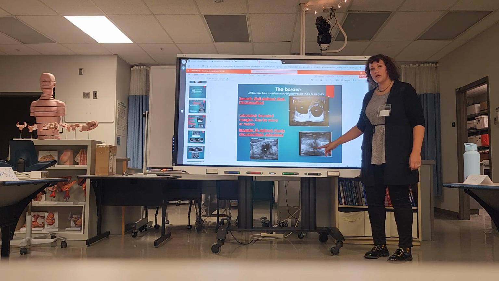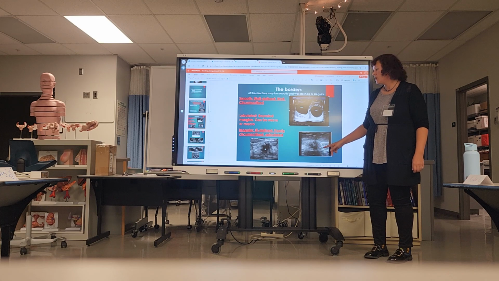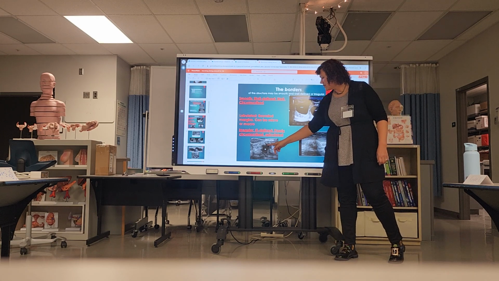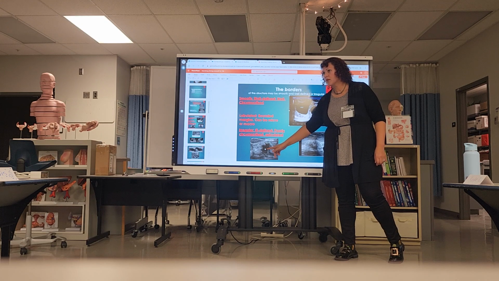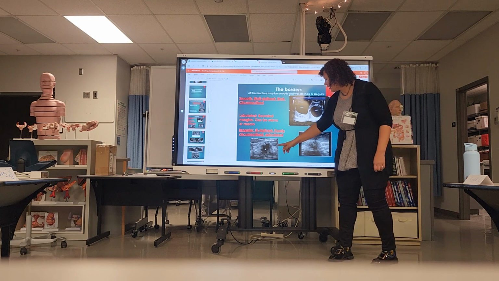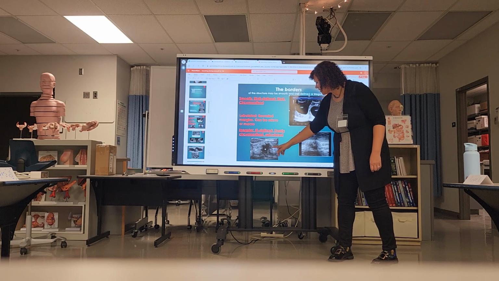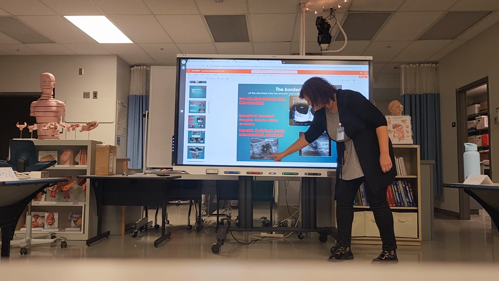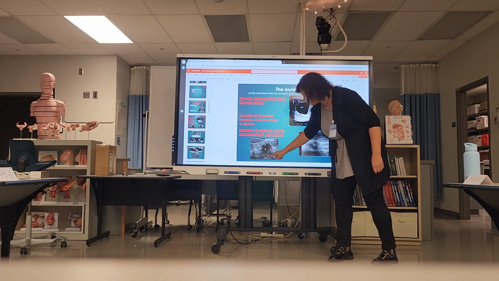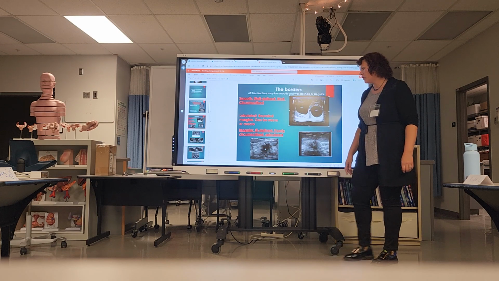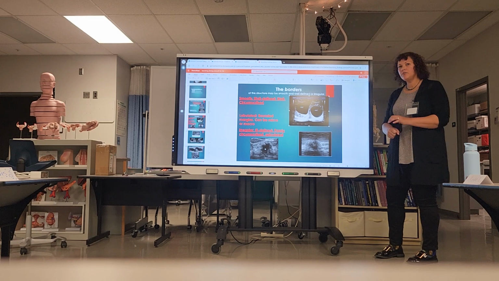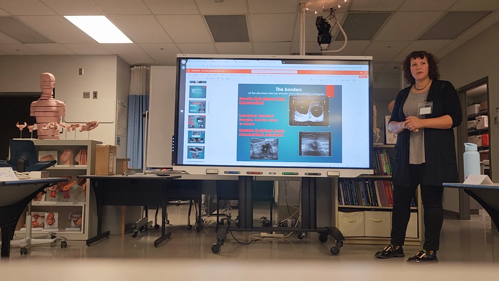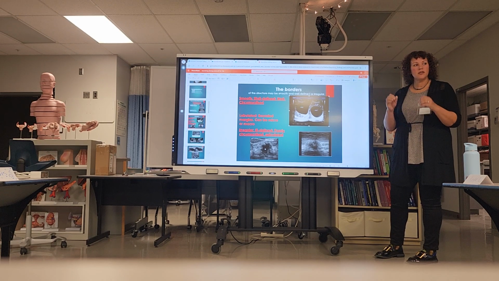These are solid masses. You could describe this as heterogeneous if you're taking into account all of it, or you could describe it as hypoechoic. But a solid mass, you would never describe as anechoic. Anechoic is strictly for a fluid-filled structure.